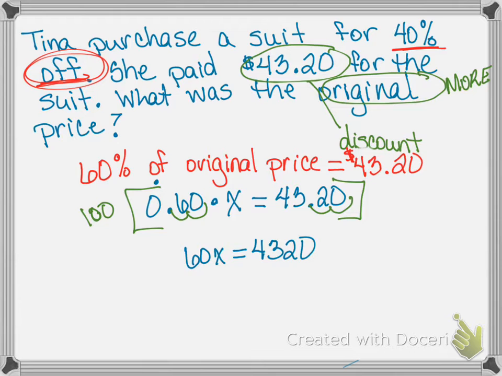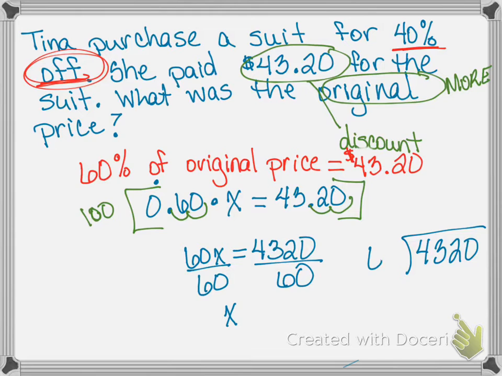I'm going to divide both sides by 60. 4,320 divided by 60. Now, I have a 0 here, so I can mark out this 0 and this 0, because I have zeros on the end, so it makes it a little bit easier.